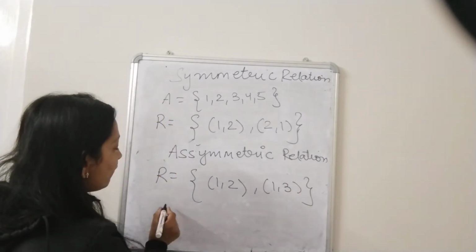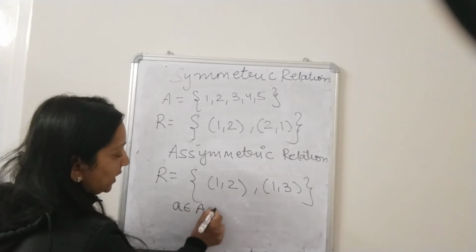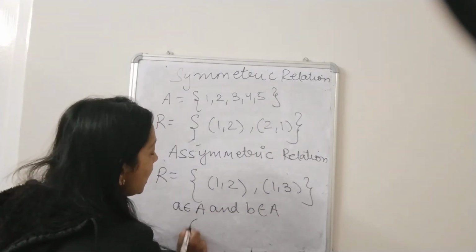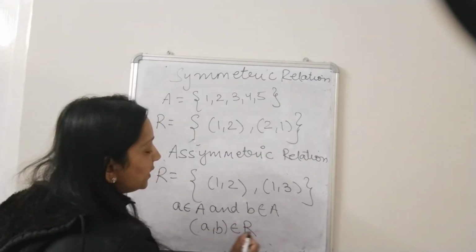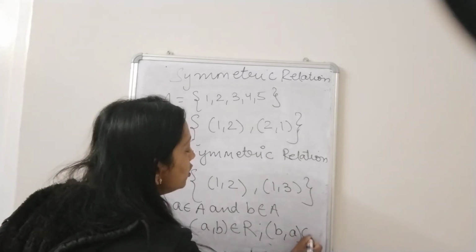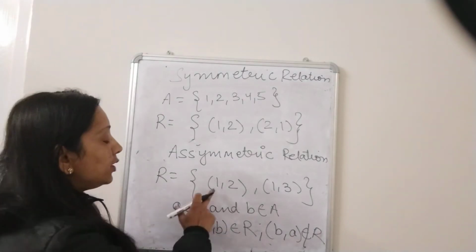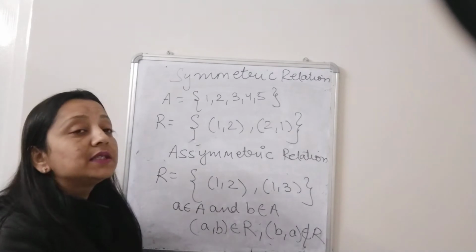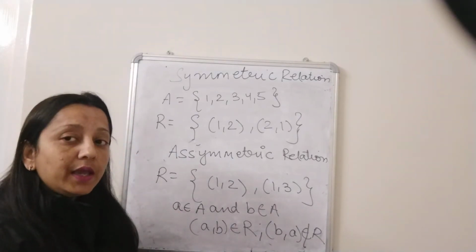So I can say for all the small a that belongs to set A and all the small b that belongs to set A, if (a, b) belongs to relationship set R, then (b, a) must not belong to relationship set R. That is, the opposite of any ordered pair will not exist. If there is an opposite of even one ordered pair, then it will not be called asymmetric.